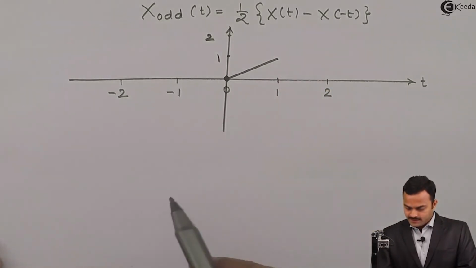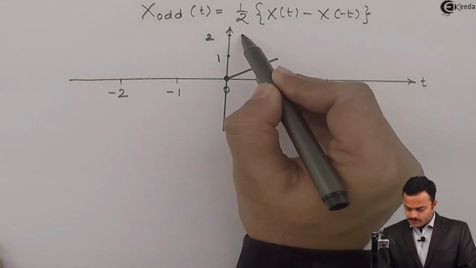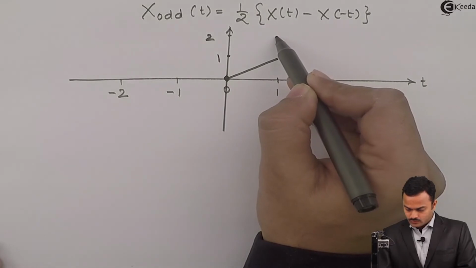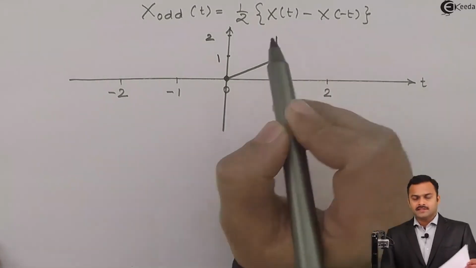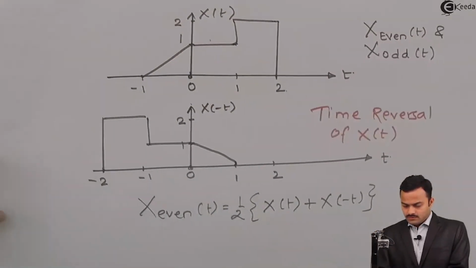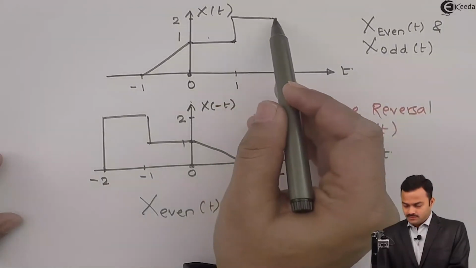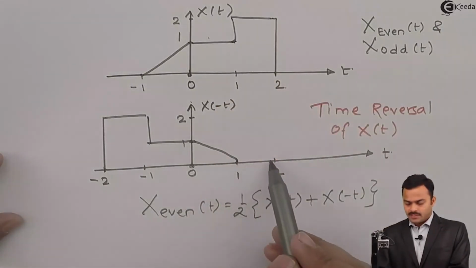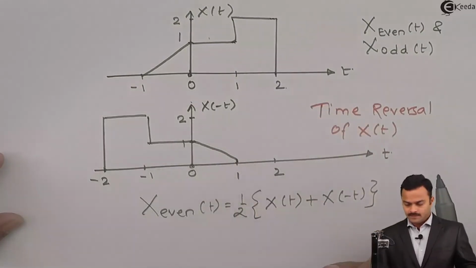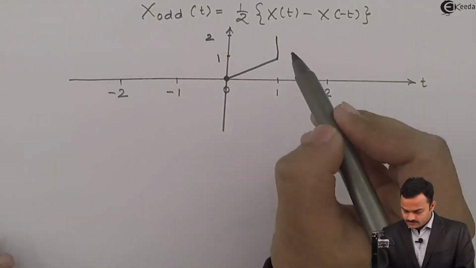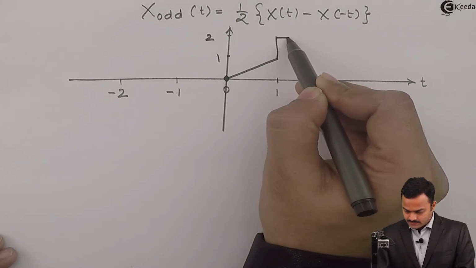And as I said earlier, immediately that should shoot up to the value equal to 2. After this, the value 2 will remain. Thereafter here it is 0, so the subtraction is 2 only. So I will get a signal like this.